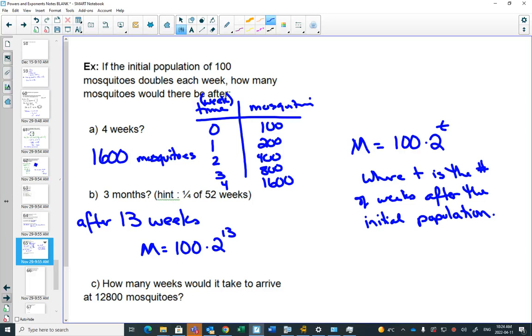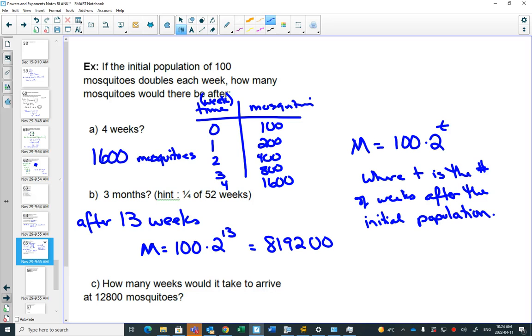We're going to do our mental math here. I'm going to say 819200. Is it 819200? That's kind of crazy. Yeah, that's right.